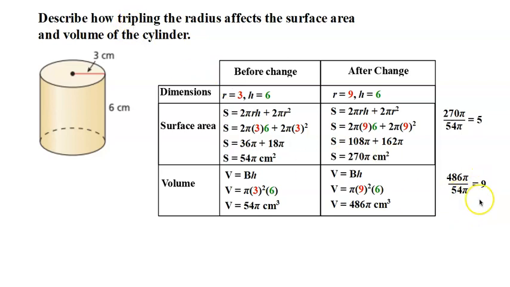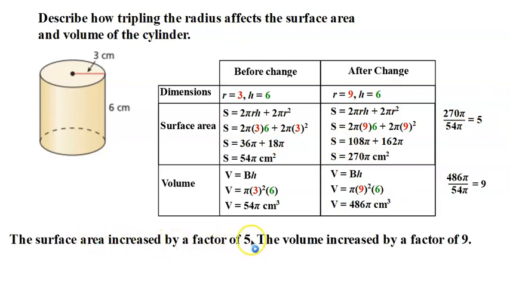So we tripled everything, and this ratio came out as 9. So that is 3 squared, so that one's still kind of doing something along the lines of what we did, but it's not quite matching up, is it? And surface area has nothing to do with 3. All right. So surface area increased by a factor of 5, volume increases by a factor of 9.